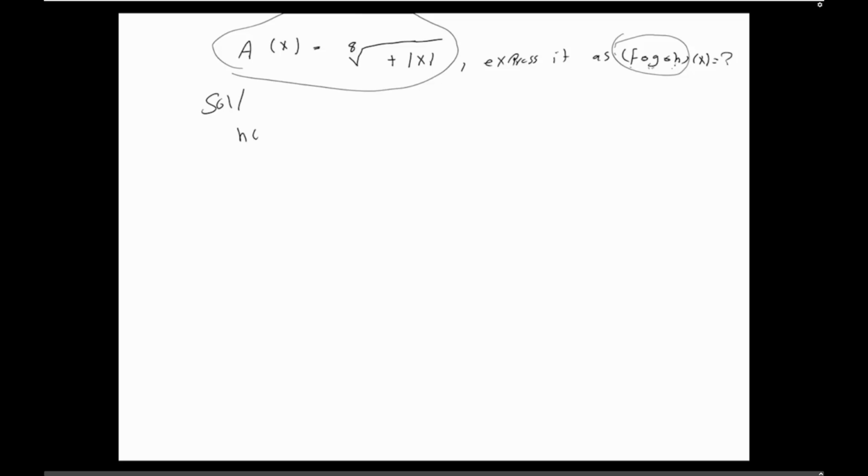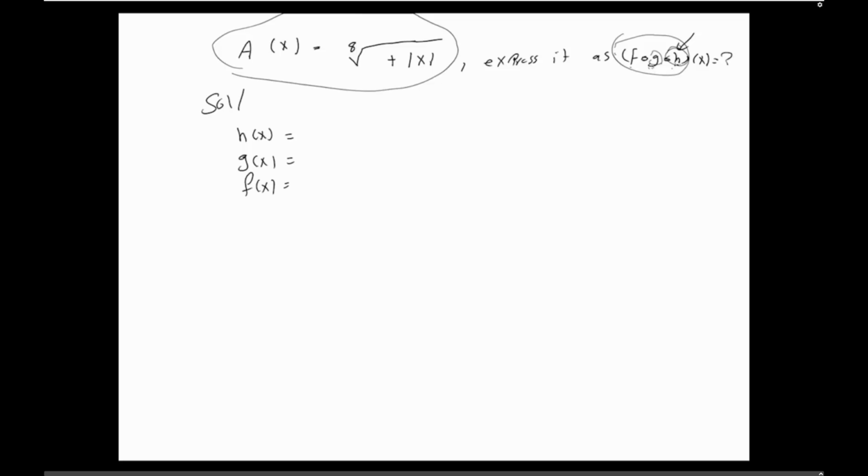The first one is h of x. Why do we start with h of x? Because it's the smallest one, because f is a function of g, which is a function of h. So we start with h, and then we have g of x, and finally we have f of x.